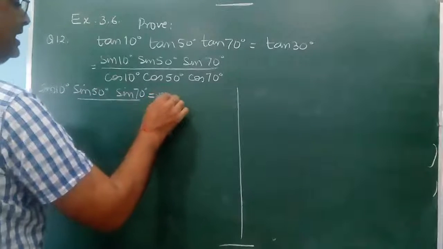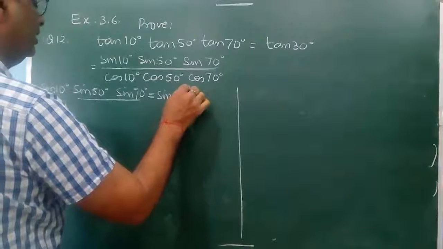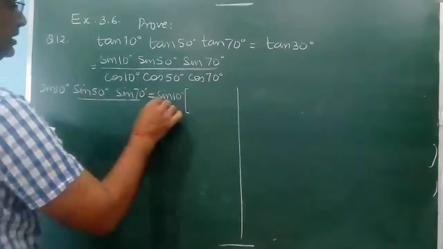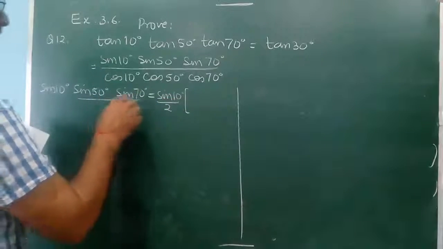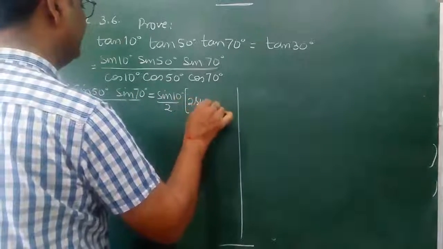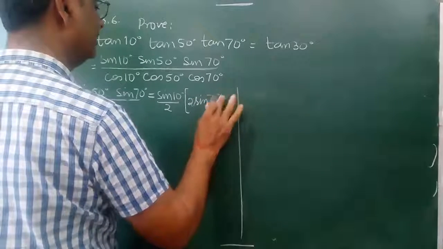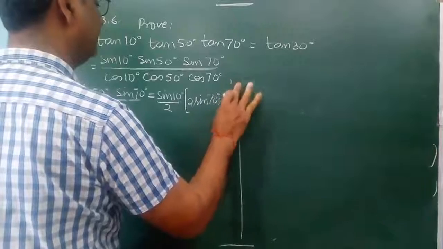So here I will write sine 10 degree. That 2 is not here, so I can write divide by 2 and I can write here 2 sine 70 and sine 50.